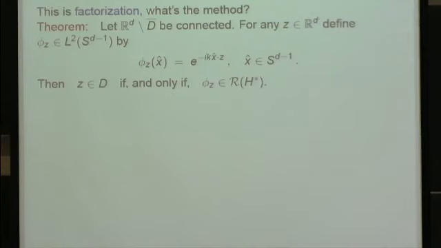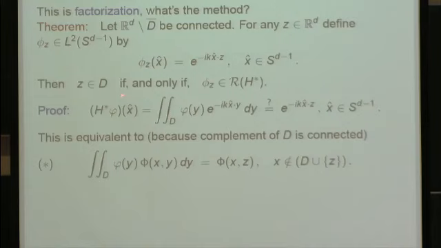But here it's a continuous function living on the unit sphere. Then a point Z is inside of D if and only if this function is in the range of H star. And in the finite dimensional case, we had to make some assumptions. Here it's very generally true.